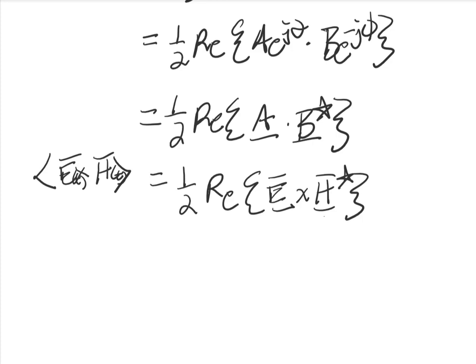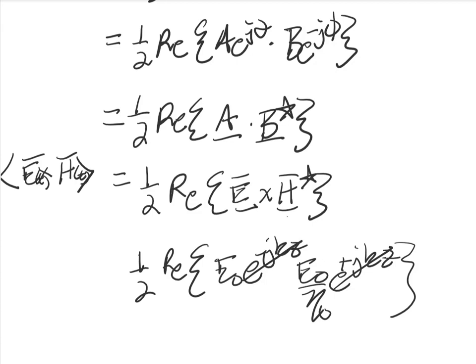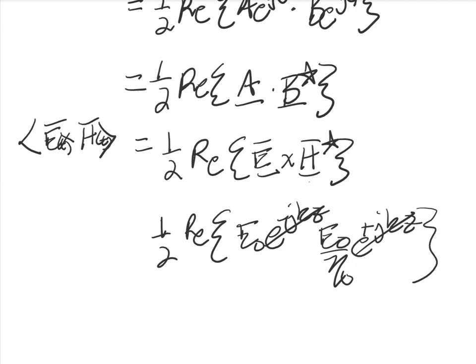So let's see what this looks like. This is 1/2 real part of E naught e to the minus jkz in the example we gave before times E naught over eta naught e to the plus jkz, plus because it's a conjugate. These terms actually cancel, and you're just left with E naught squared over eta naught, which is real, so it just pulls out.